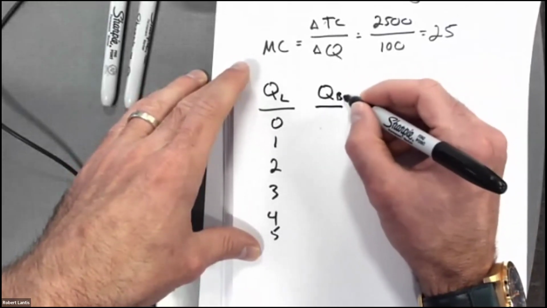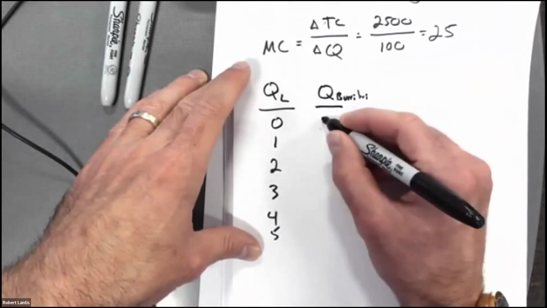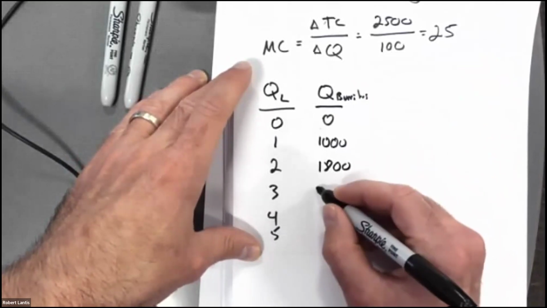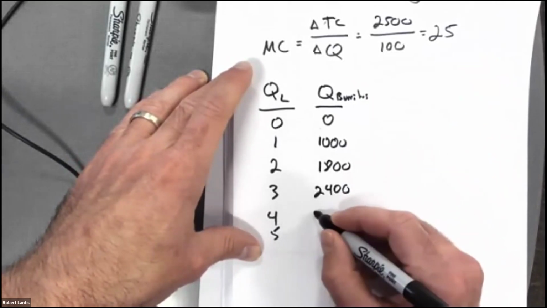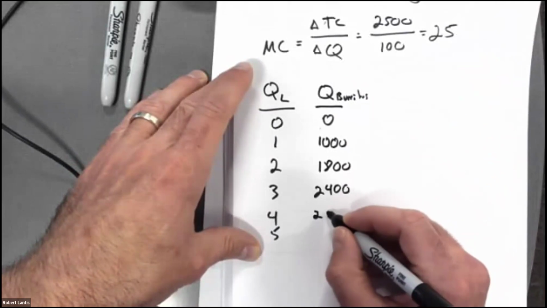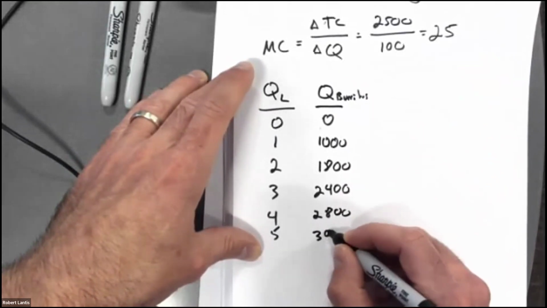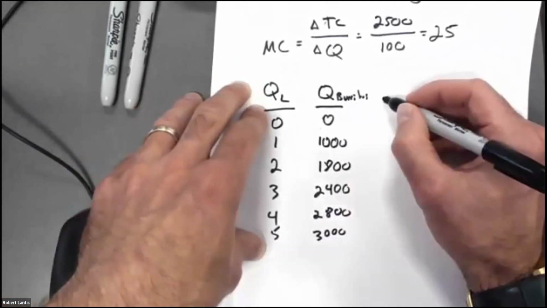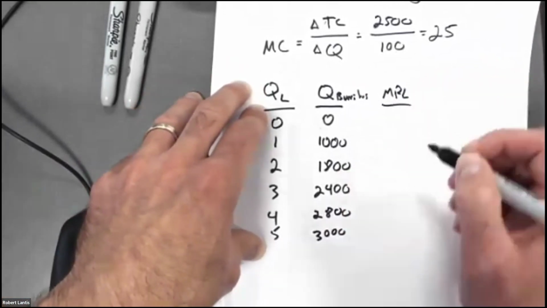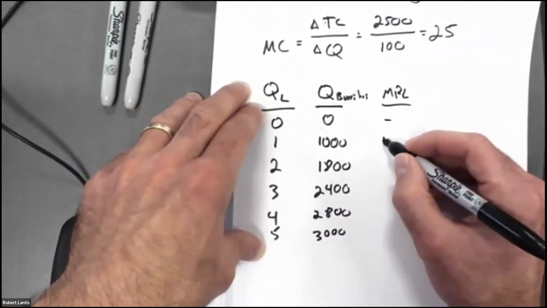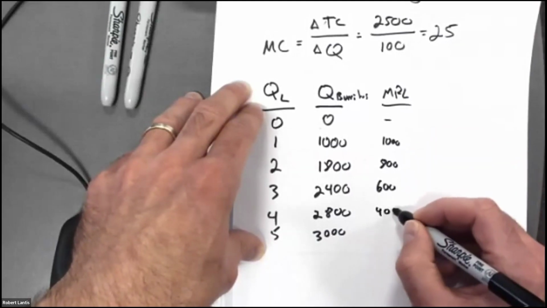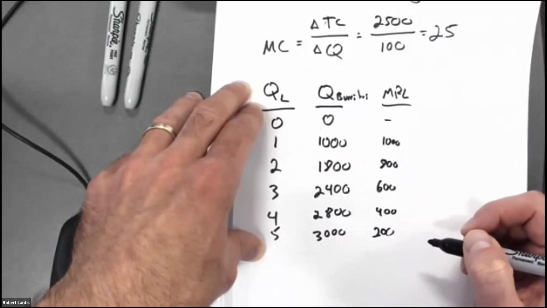So this was our burritos. I think these were the values. Okay. Well, from this, we can calculate the marginal productivity of labor, right? So that was 1,000, 800, 600, 400, 200.